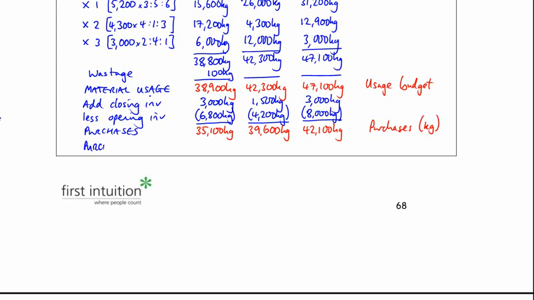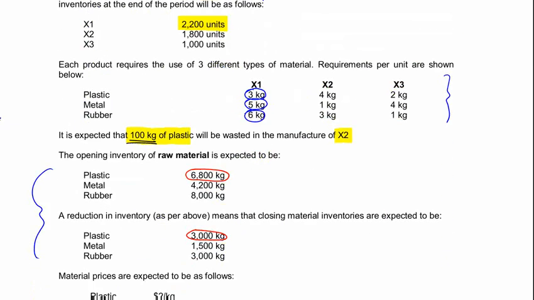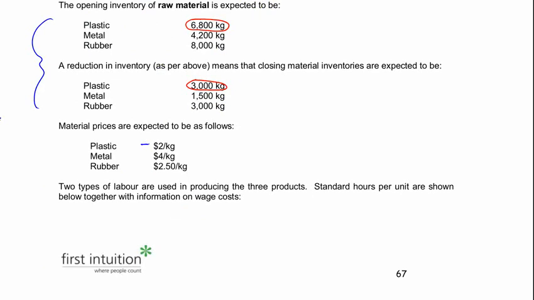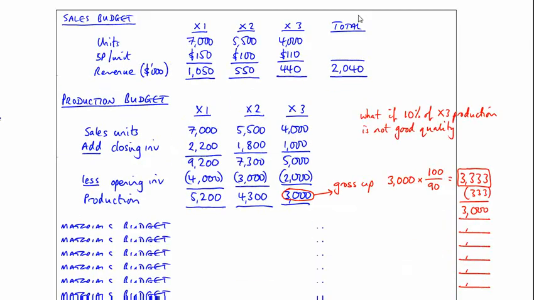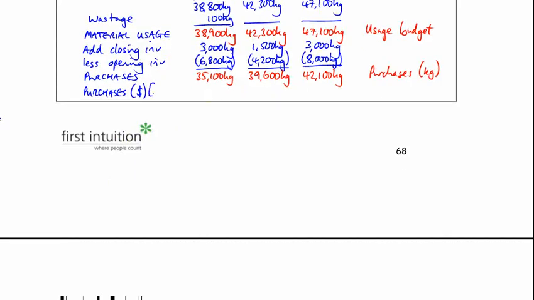Okay, so if we look at that, because we have got the information in this question, so purchases in dollars, we know that according to the question, plastic is expected to be $2 a kilogram, metal $4 a kilogram, and rubber $2.50 a kilogram. So if we build those into our calculations, at $2, $4, and $2.50, we get a purchases budget of $70,200 for plastic.